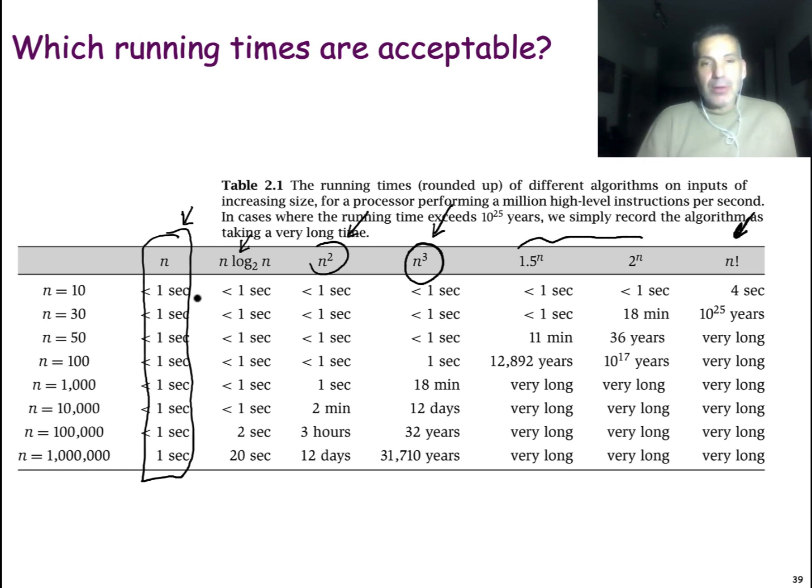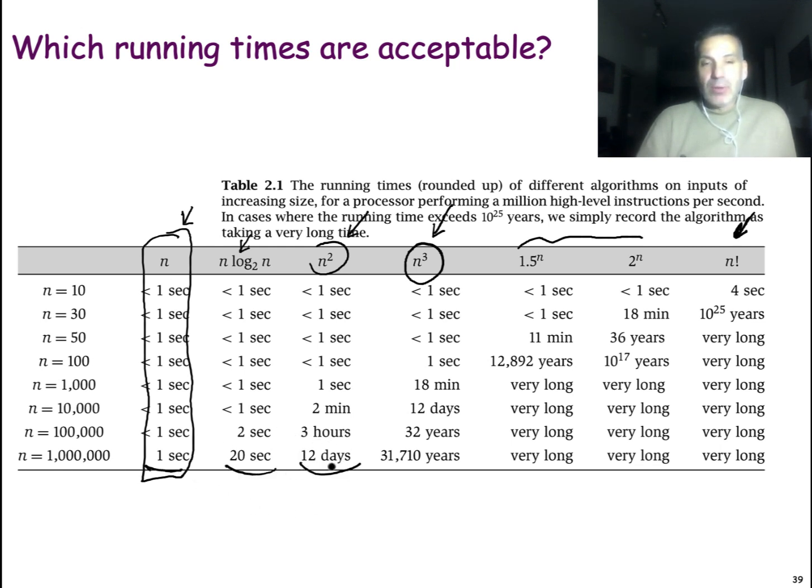So for algorithms that are linear, log linear, perhaps even quadratic, even when you increase the size of the problem significantly from a few tens to a few million, the running time still remains quite reasonable, right? You can do this.